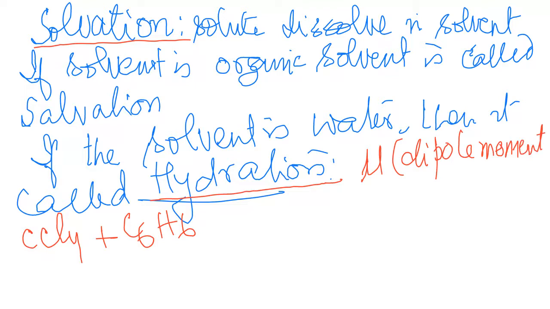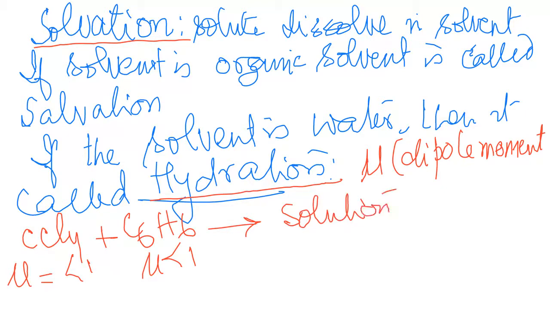If this dipole moment is less than 1, and this dipole moment is also less than 1, is the solution possible or not? Possible, teacher. I believe it's possible. It means a solution will form, right? Solution will form.